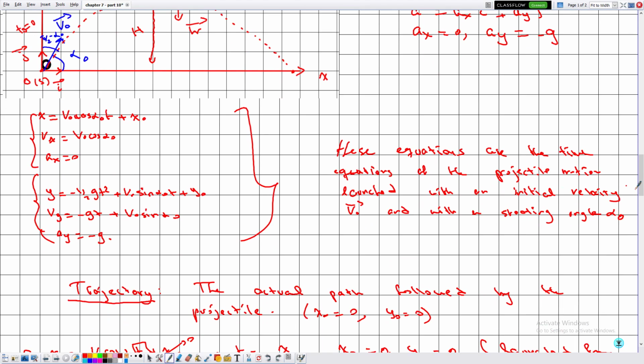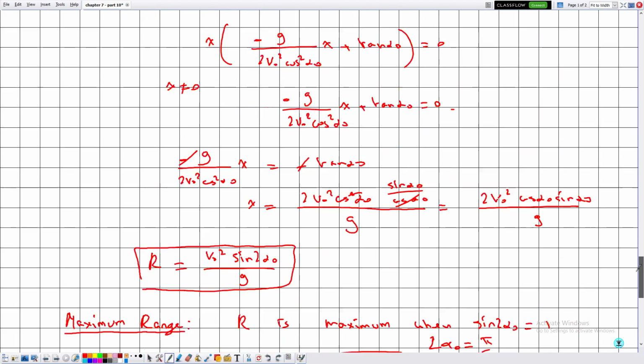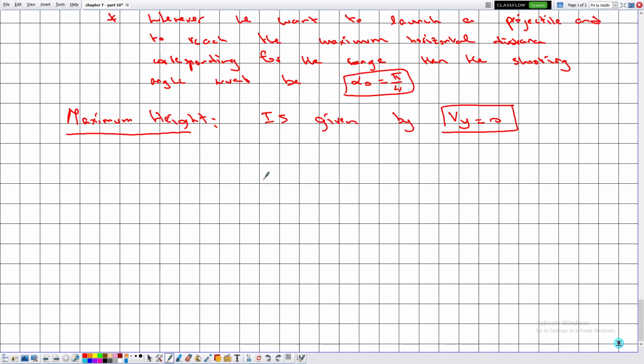So now if we take the expression of Vy, Vy is equal to minus gt plus v0 sine alpha 0. We are interested in determining the instant t, so setting Vy to be 0. Why must Vy be 0?